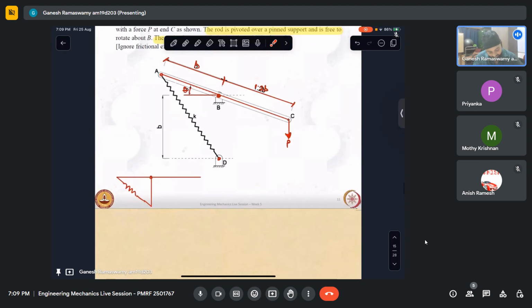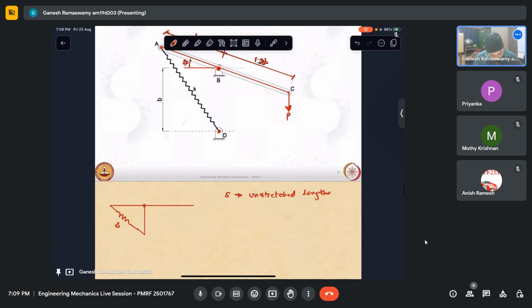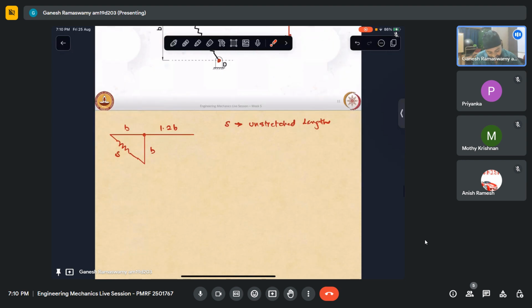Now let S be the unstretched length. I can see that this is S, while this is B, this is 1.2 B, and this is also B. We have been given here that this vertical distance is also B, right? So can I calculate the S from here? From geometry, S is nothing but B root 2. I can see that by using Pythagoras, simple.